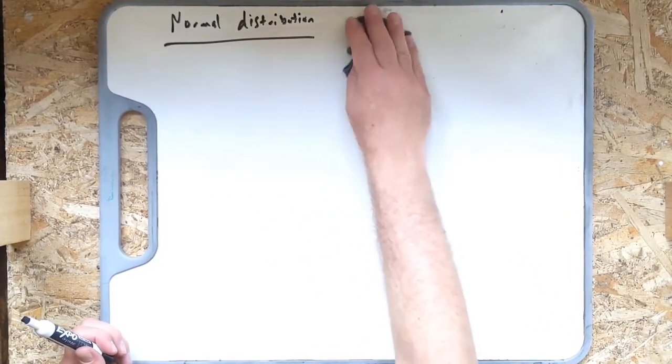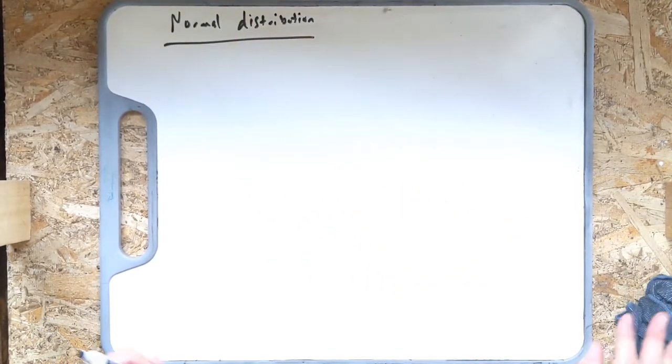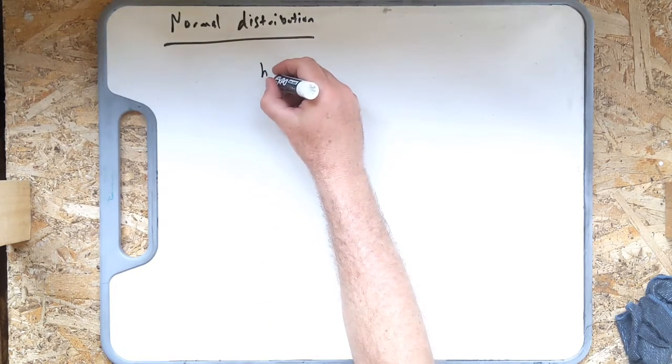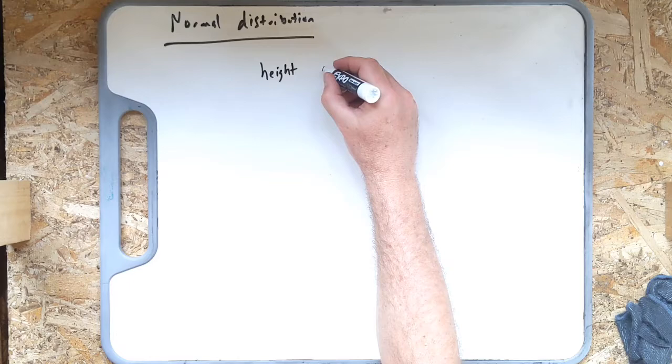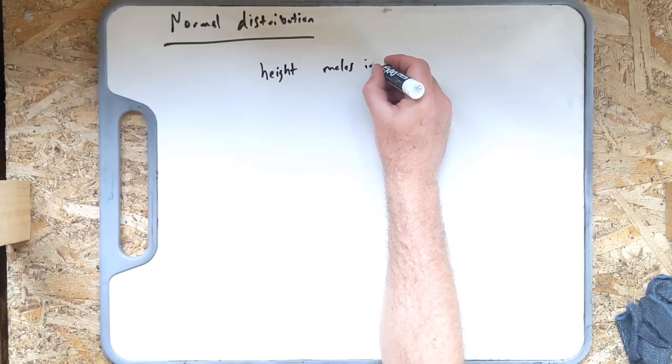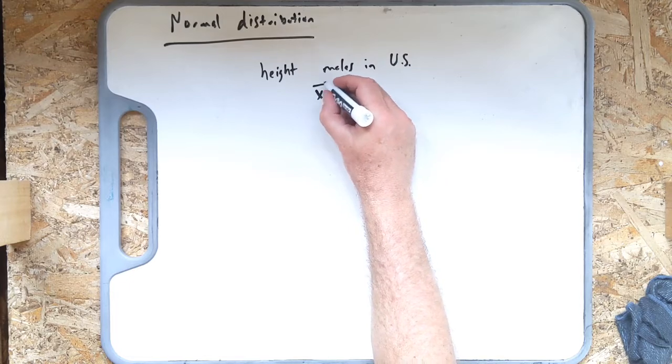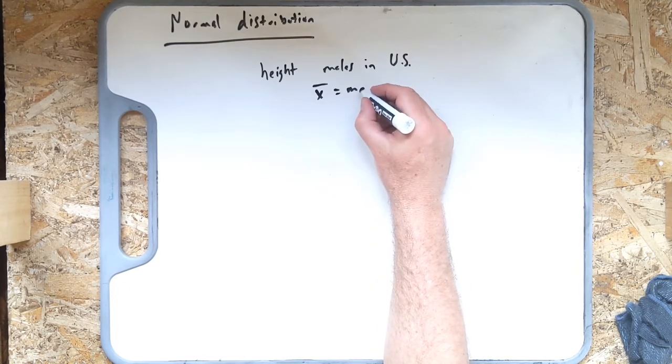And in most of these times you'll calculate a standard deviation, but in this case I'm just going to give you one. So we're going to do height of males in the US. The average height, the mean, remember, is X bar.